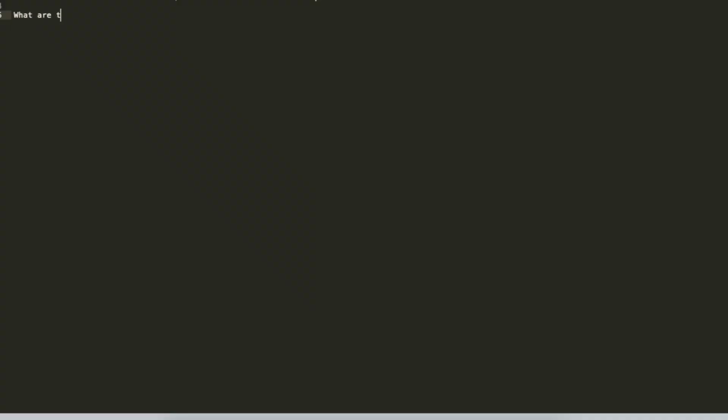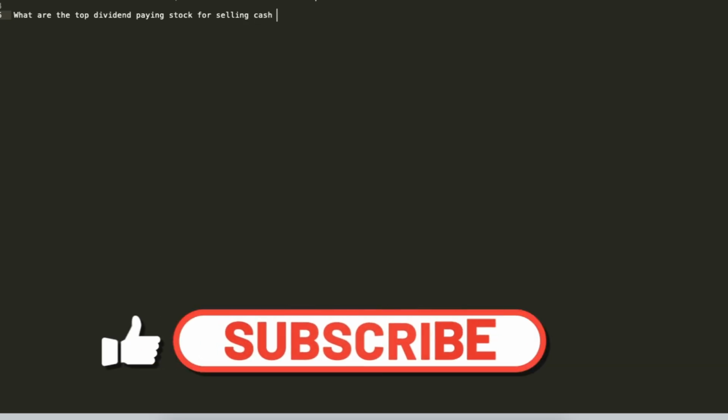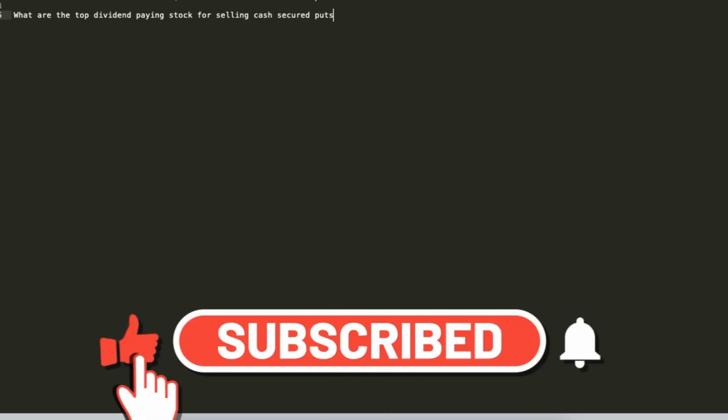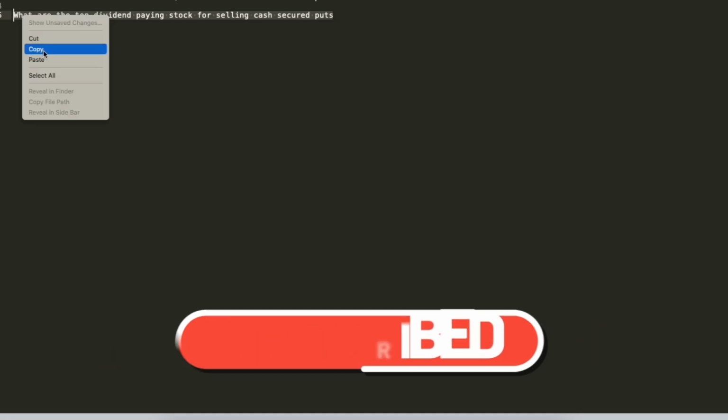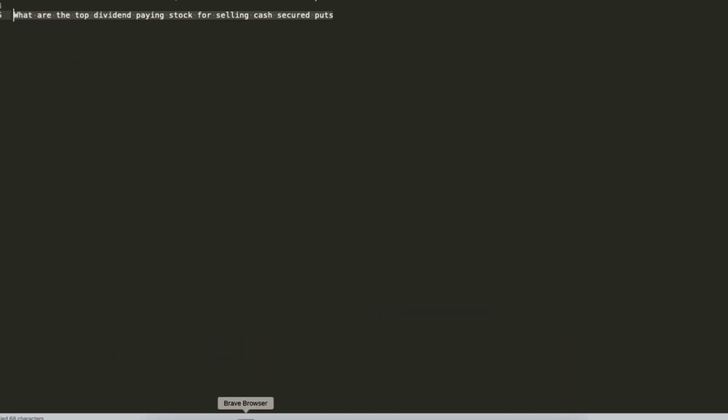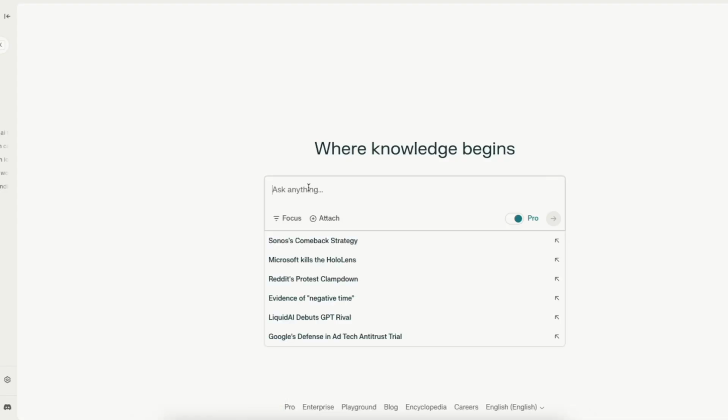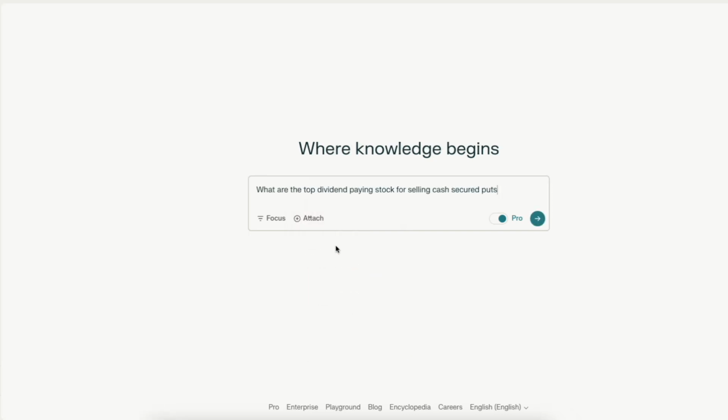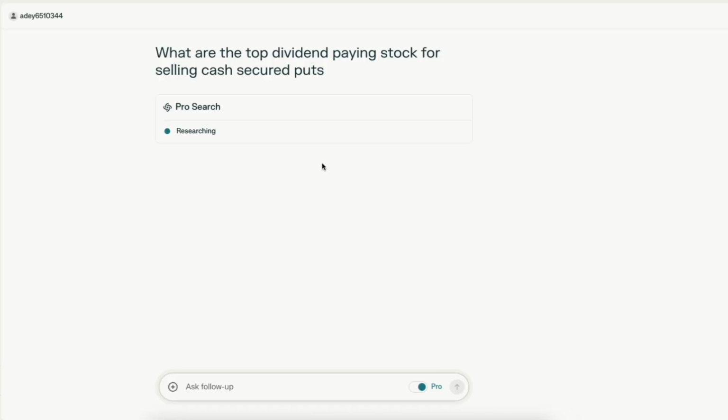The first one I'm going to type is: what are the top dividend paying stocks for selling cash secured puts? This would be my first one, and again you can put your own questions here. So let's put that here and see what it gives.